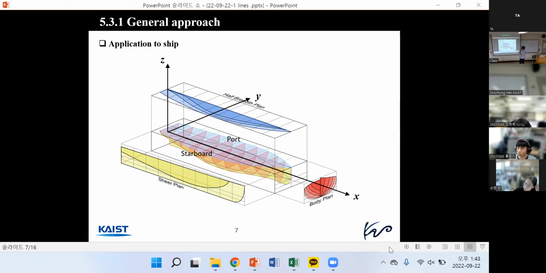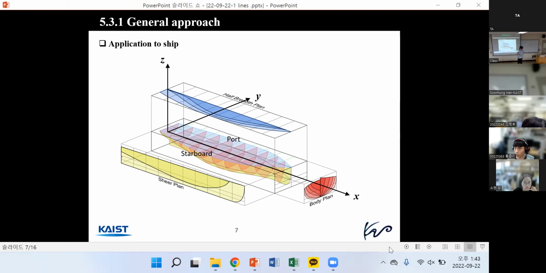Based on each plane, we can imagine cutting the shape along a certain axis. For example, we can cut the shape along the x-axis, the length direction of the shape. We get the red contours, and the superimposed red contours are the body plane.